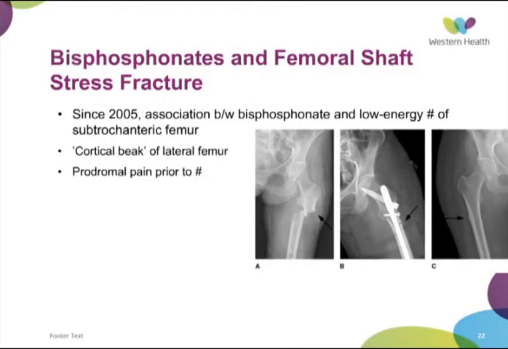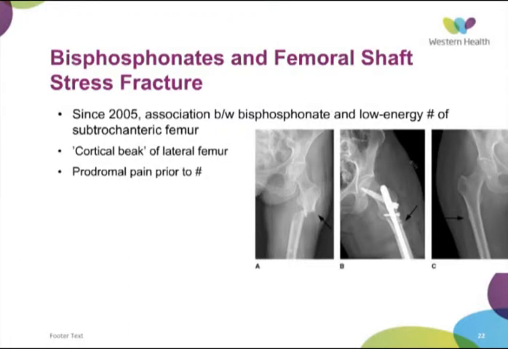We see this cortical beaking here of the lateral femur, which is a periosteal reaction to these abnormal stresses, like I mentioned before, at a microscopic level with what's happening on bisphosphonates. And often patients have a prodromal phase where they actually have pain in that leg, and probably see the GP, put down to any number of differential diagnoses, and eventually they have a minimal impact trauma and fracture their femur.